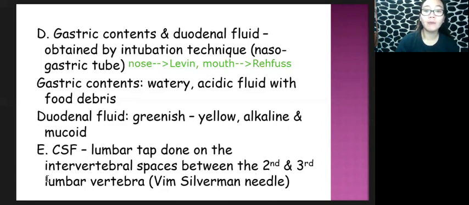If, for example, this will be asked in your clinical microscopy, we collect it from the third and fourth or the fourth and fifth lumbar vertebrae. But since our subject is histopathology, take note that it is collected from the second and third lumbar vertebrae.